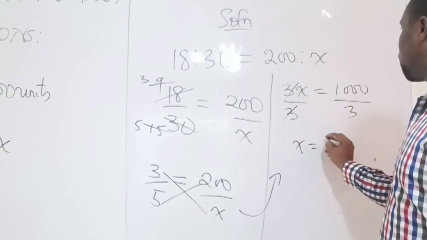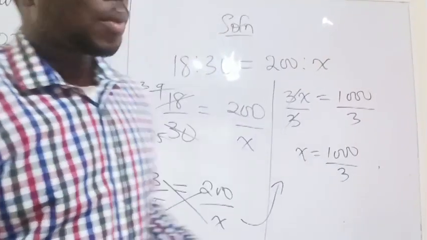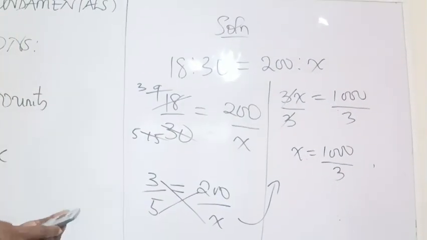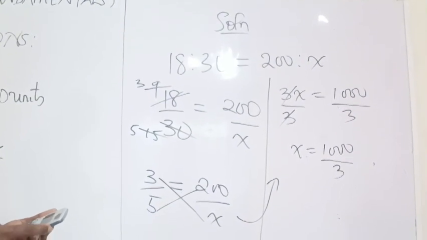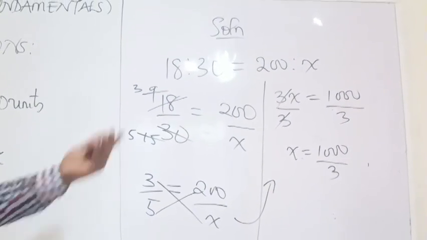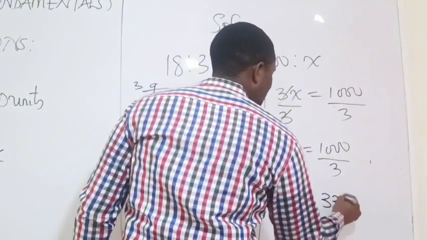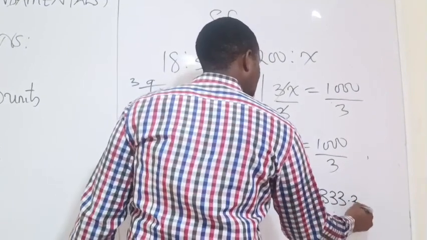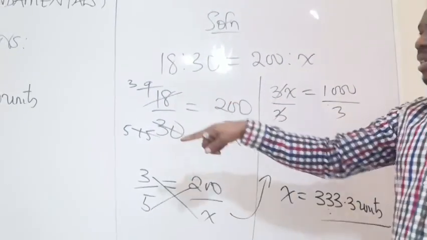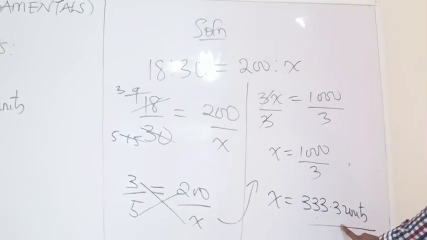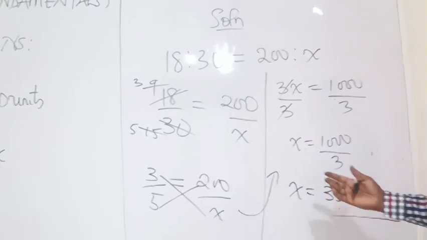So x becomes 1,000 divided by 3, and when you divide 1,000 by 3, this is 333.3. So what this simply means is in 30 days, 333.3 units of electricity will be consumed.